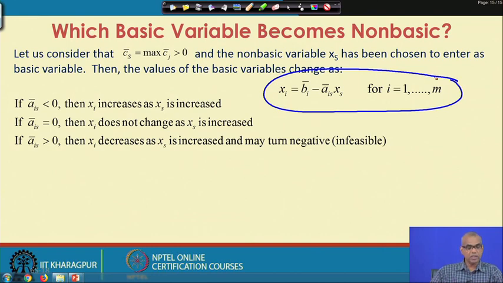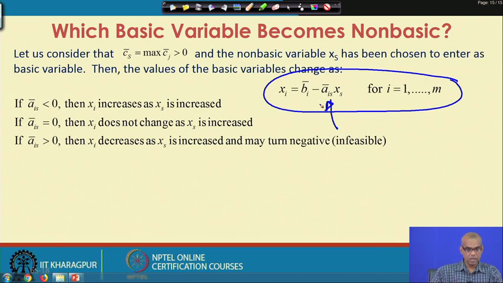So, this equation tells us that if ais bar is less than 0, then xi increases as xs is increased. If ais bar equal to 0, then xi does not change as xs is increased.